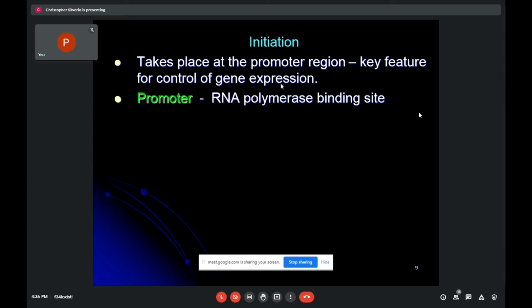And the promoter region, what is the importance or significance of the promoter region? It is the binding site of the RNA polymerase. In other words, it is where the RNA polymerase is bound prior to the transcription process.